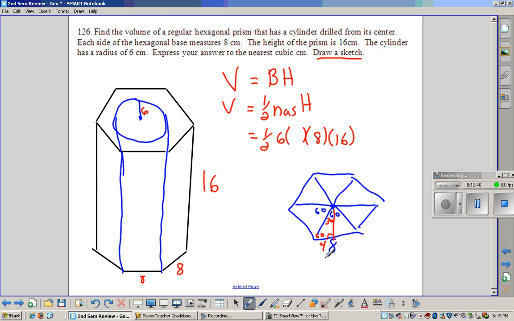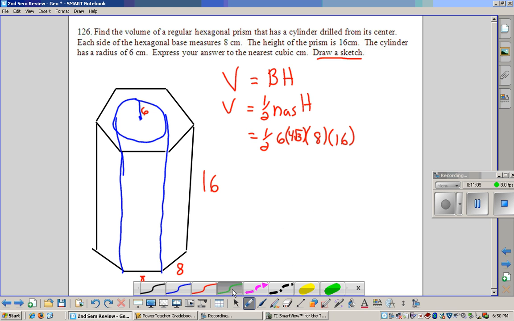This is now 4. The apothem's right here. To get the apothem, we'll take 4 root 3, because that's the long leg of a 30, 60, 90. So this apothem is 4 root 3.